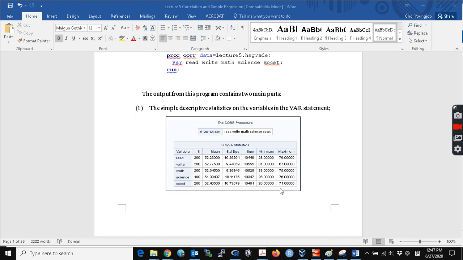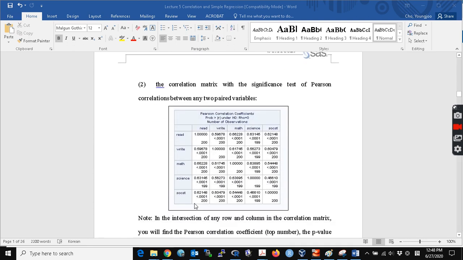So first we have the descriptive statistics, so mean, standard deviation, sum, minimum, and maximum for each variable. And then we compute this correlation on here. The first row is the Pearson correlation coefficient.